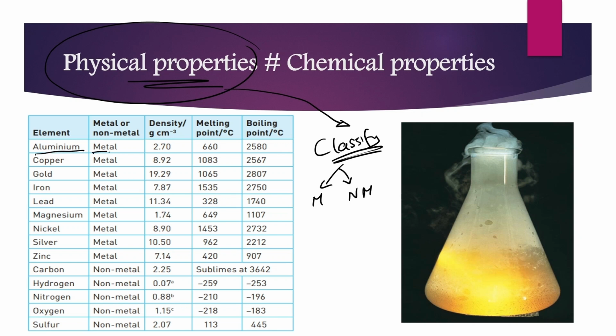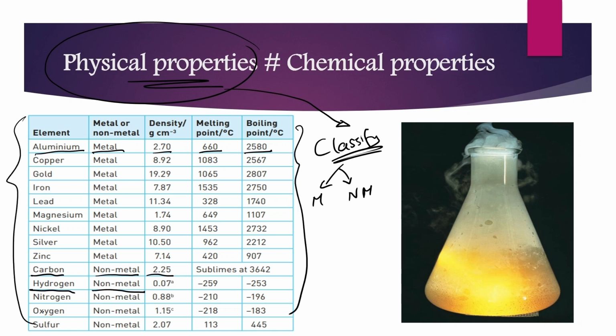Aluminum is a metal, and this is the density, this is the melting point, this is the boiling point. On the other hand, carbon is a nonmetal. Then this is the density. Hydrogen as well is a nonmetal. So here we are classifying the elements into metals and nonmetals according to the differences in their physical properties.